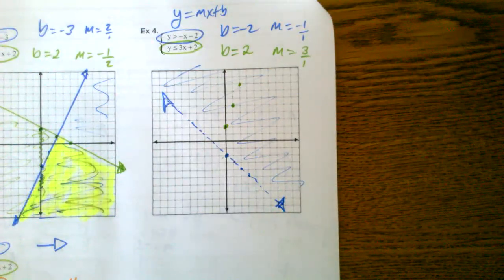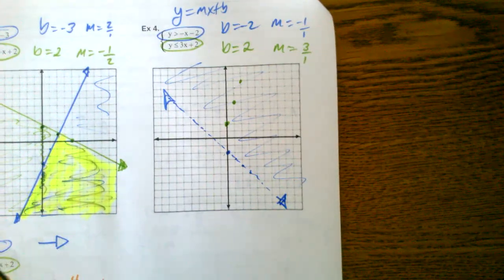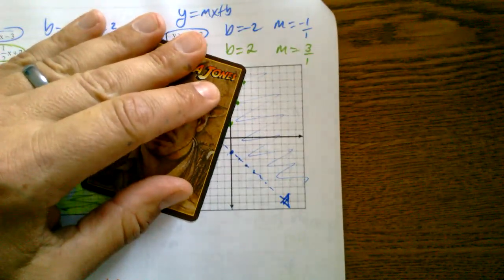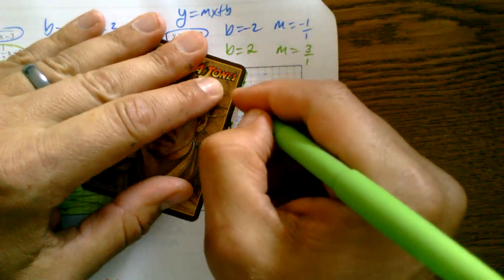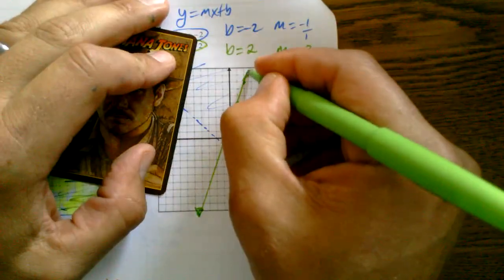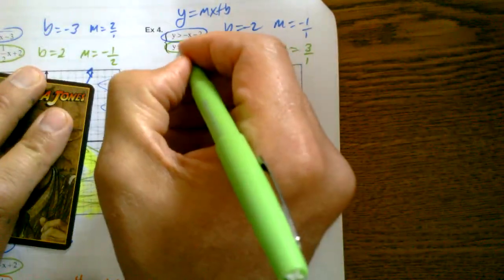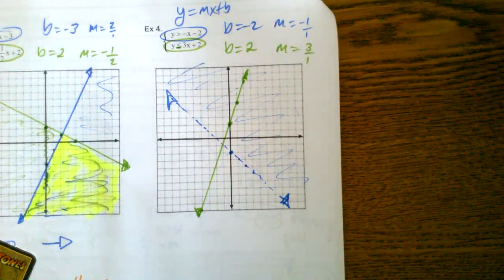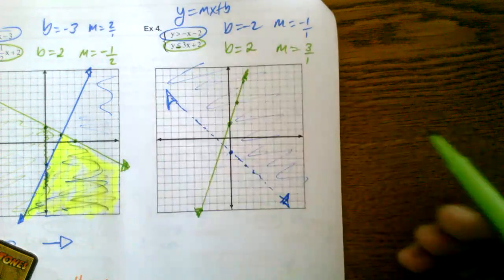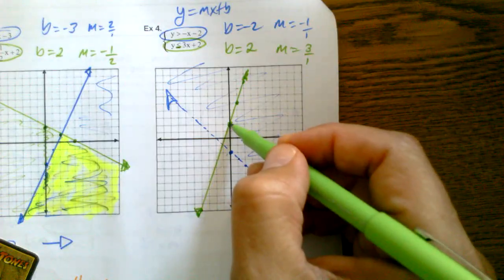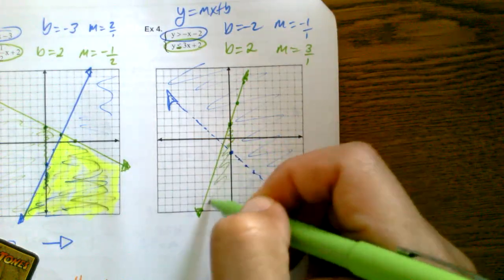This one is equal to, so I'm going to have a solid line with this one. It has that bar on the bottom, so this is a solid bar. And then again, we want to graph where it's less than this line. So find the y-intercept, and it's below.